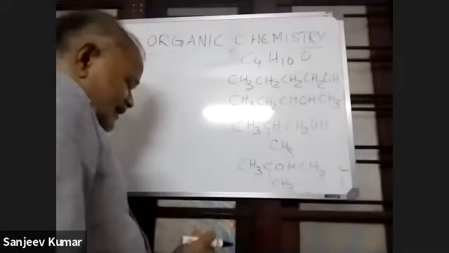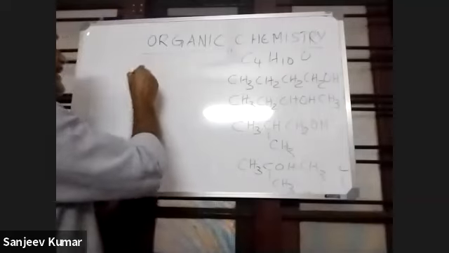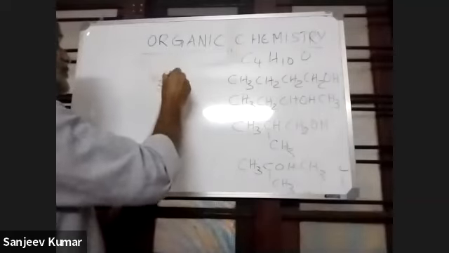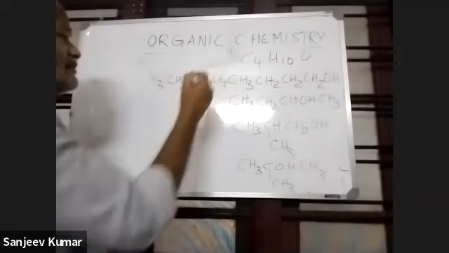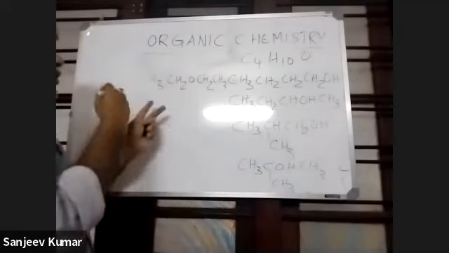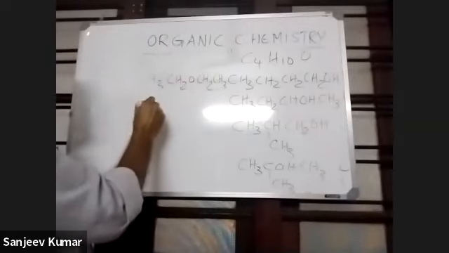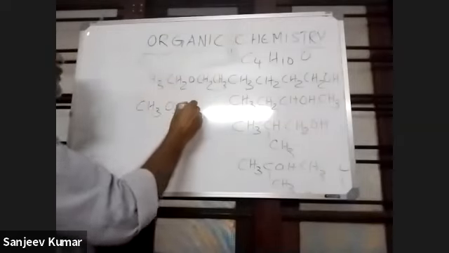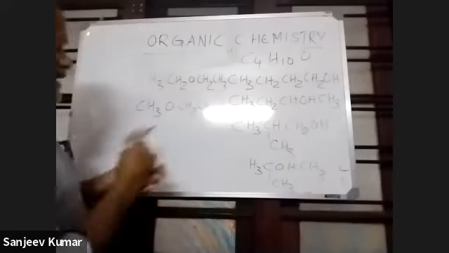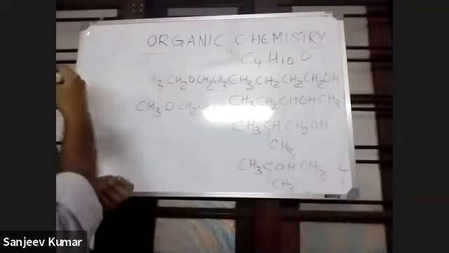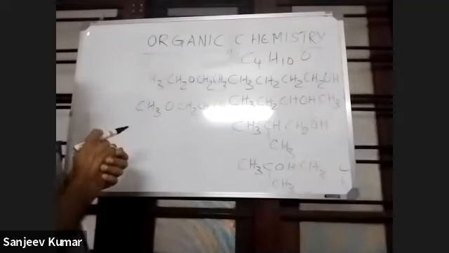And therefore, there are 4 alcohols with the same molecular formula. And if you consider ethers, for example, CH3OCH2CH2CH3, this is 1-methoxypropane. It is an ether. And if it is CH3CH2OCH2CH3, this is ethoxyethane. That is another ether, and the position of the functional group is different.